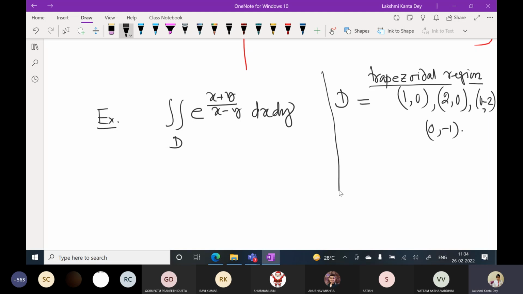Whatever is given, if we try to integrate it directly, it becomes a little bit difficult, because of this part.